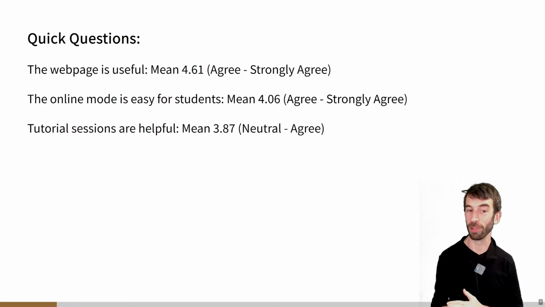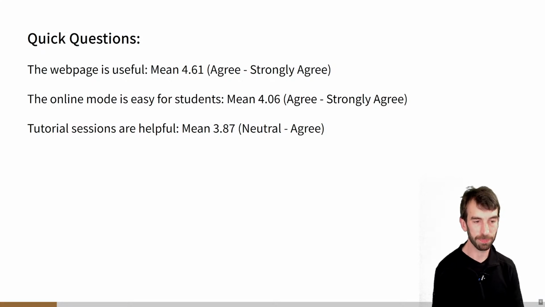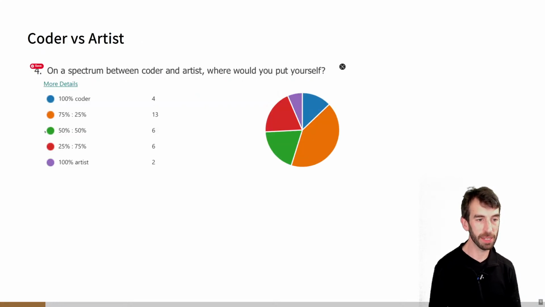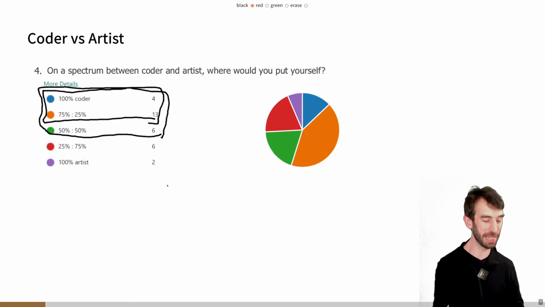Tutorial sessions are helpful, mean 3.87, so a bit lower. That was neutral to agree. Given this spectrum, most people are in this half, right? Half of the surveyed people were either 100% coder, or 75% coder and 25% artist.